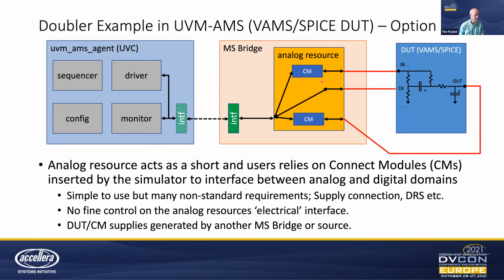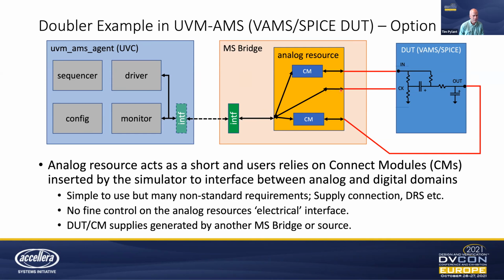And in this case, you need to create connect modules or some sort of translation from the real numbers that come in through the interface, because remember, we're driving real numbers in this case for our in and clock. And so you need a connect module that will convert the real number coming in to an electrical value that can drive the VAMS or SPICE model.